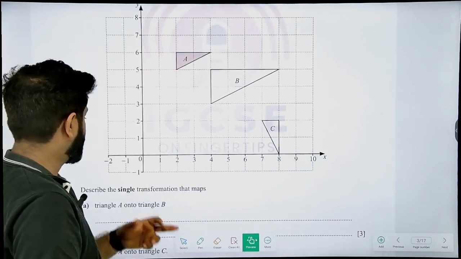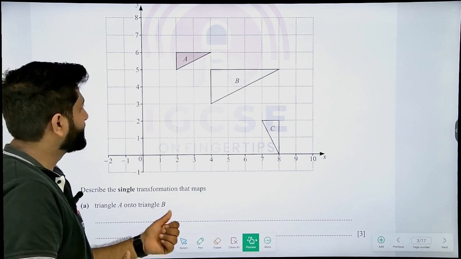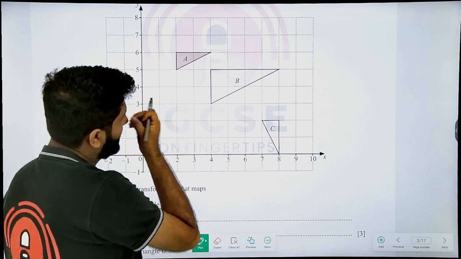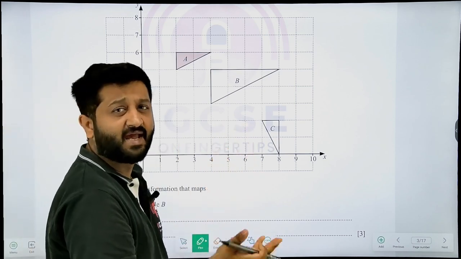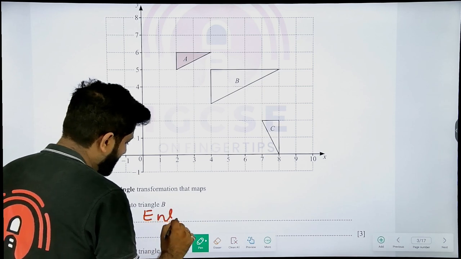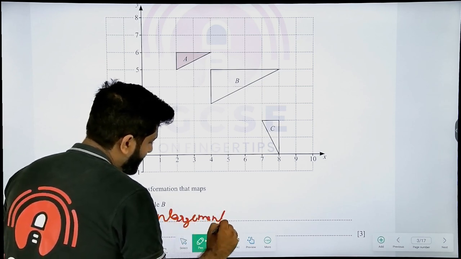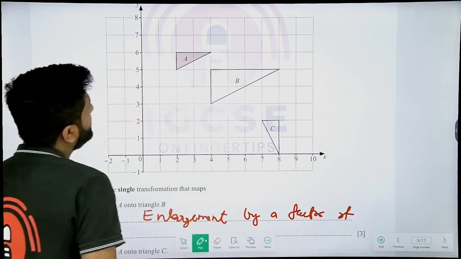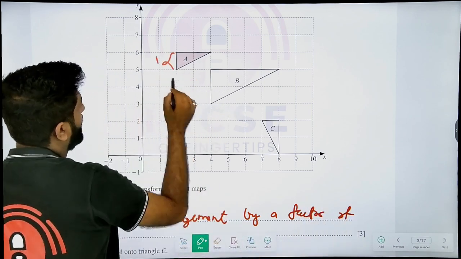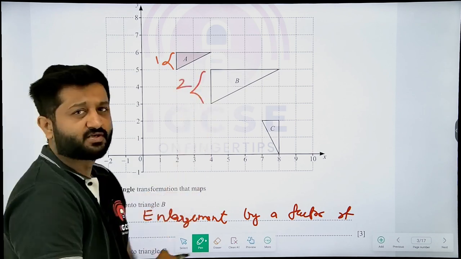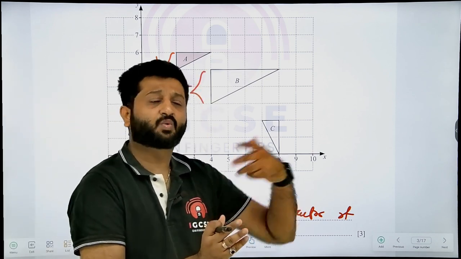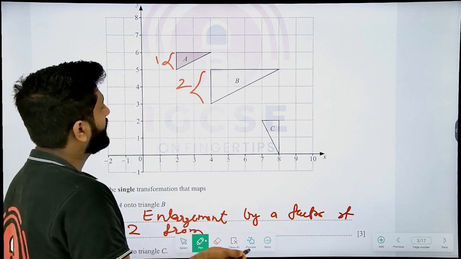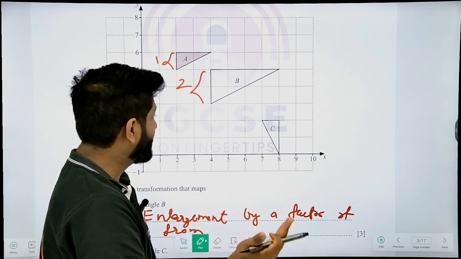The next question says, describe the single transformation that maps A onto B. A onto B is nothing but an enlargement, so we can simply say this is an enlargement by a factor of, and the factor is visible. This is 1 unit, this is 2 units, so the figure is getting enlarged by a factor of 2. You can always join the corresponding points to find the center.